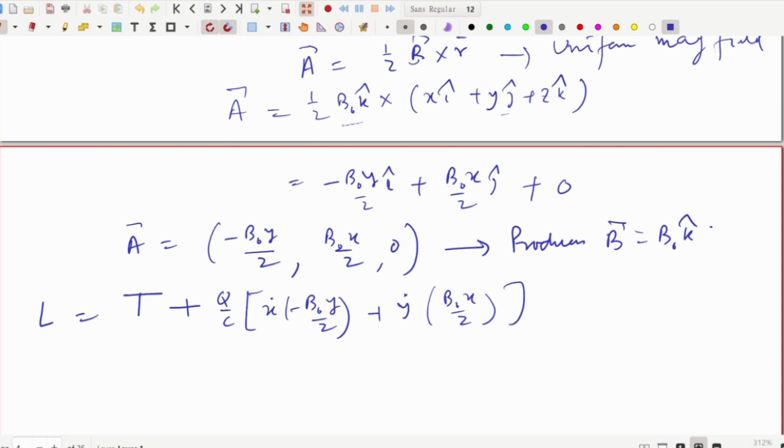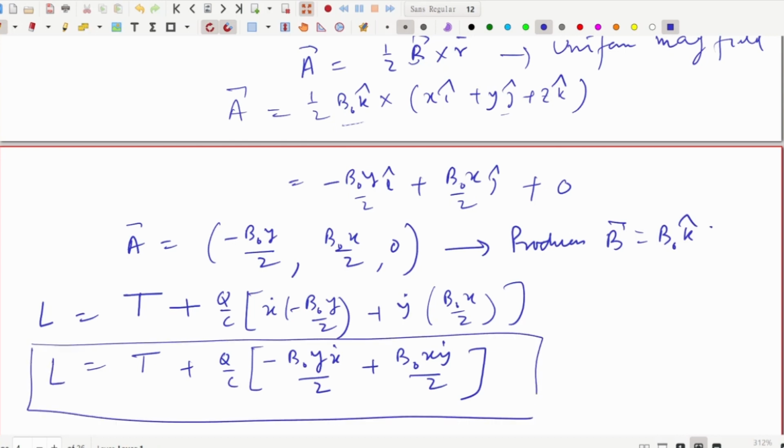So your Lagrangian will be T plus q by c times minus B0 y x dot by 2 plus B0 x y dot by 2. This will be your Lagrangian for a charged particle in the z direction magnetic field.